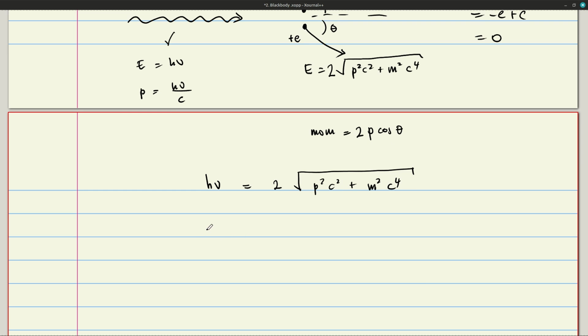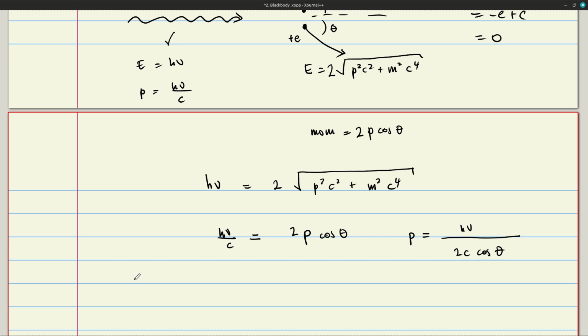And the second one is h nu over c is equal to 2p cosine theta. Or from here, p is equal to h nu divided by 2c cosine theta. Good.